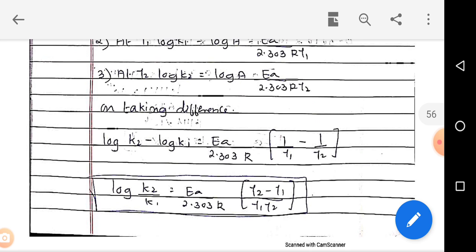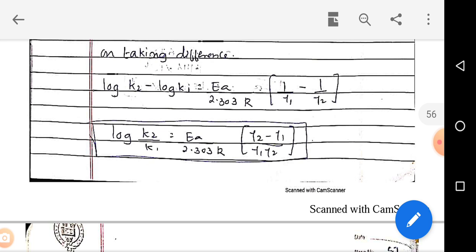taking the similar parts aside and the common parts in the brackets, the different part in the bracket and the common part aside, we multiply and get the final equation. The common part is Ea divided by 2.303 R, times the bracket 1/T1 minus 1/T2.